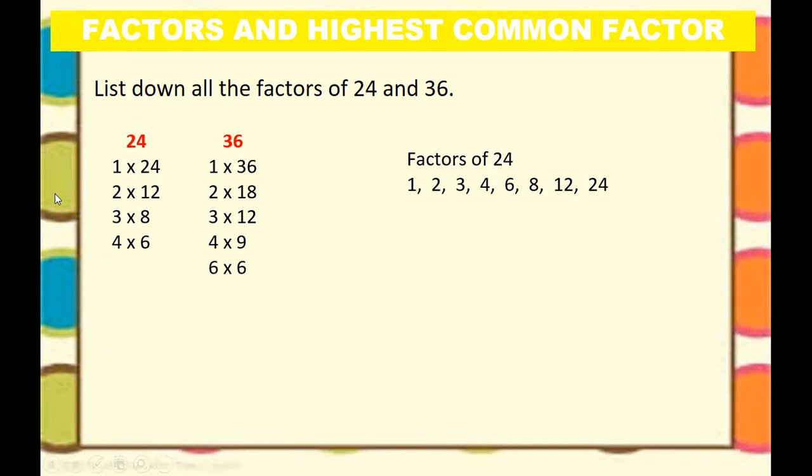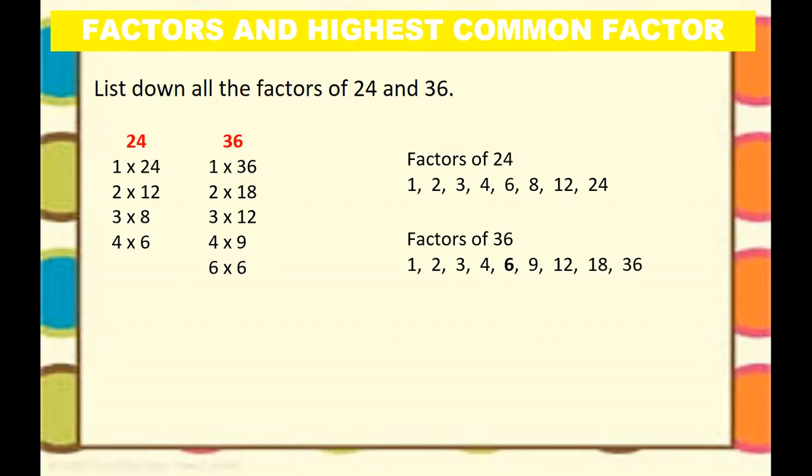Remember we have 6 times 6 here. You need to write only 6 once. So what are the factors of 36? If you could see, I have written only the 6 once. You cannot write 6, 6. So 1, 2, 3, 4, 6, 9, 12, 18, and 36.